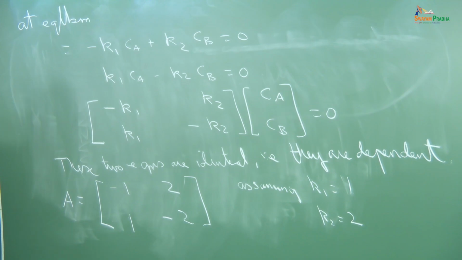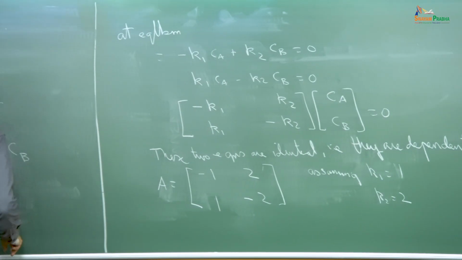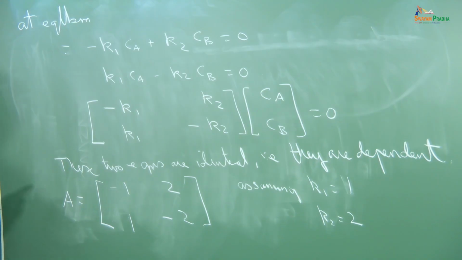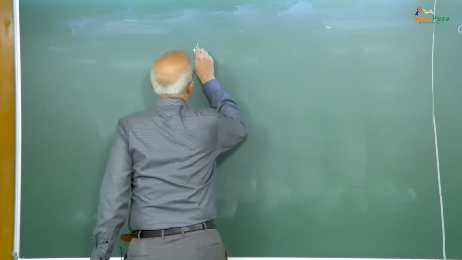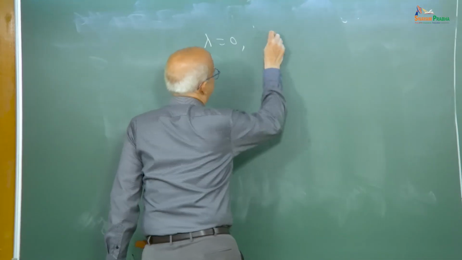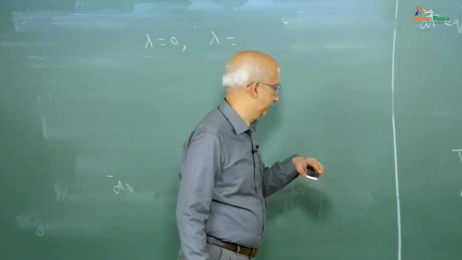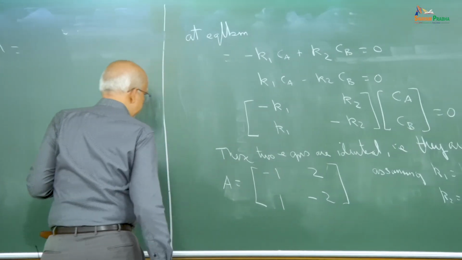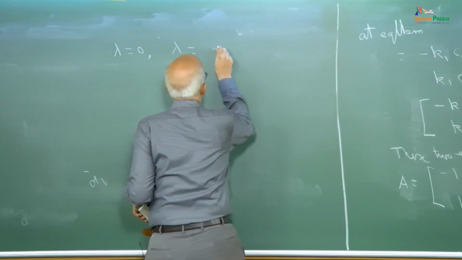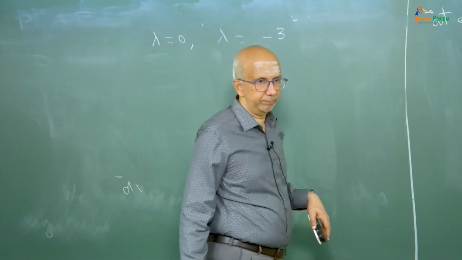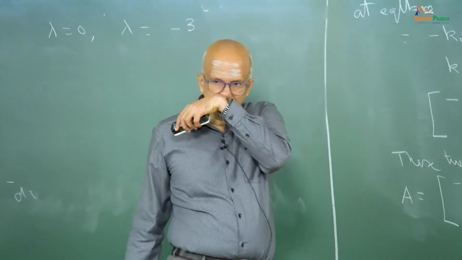So, what are the eigenvalues of this matrix? Clearly one eigenvalue will be 0 and the other eigenvalue will be -3.